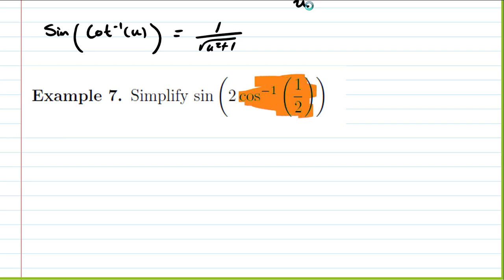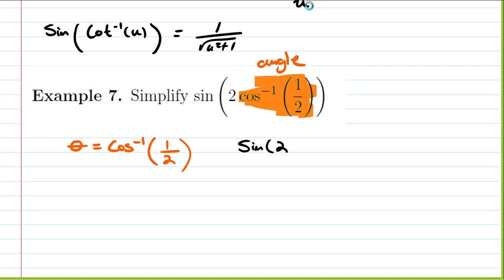Well, the inverse cosine of 1/2, that's our angle once again. So we can rewrite this as the sine of 2 times theta. So this is double the angle theta.